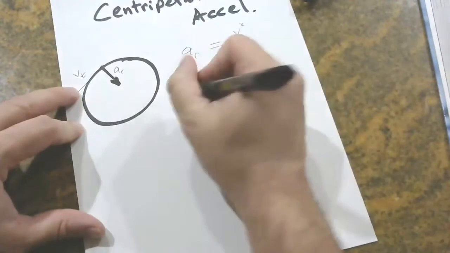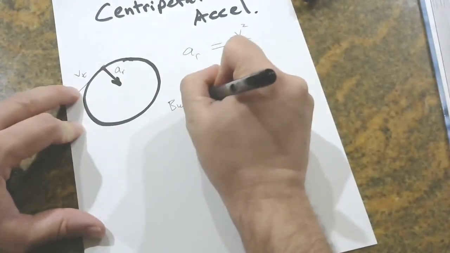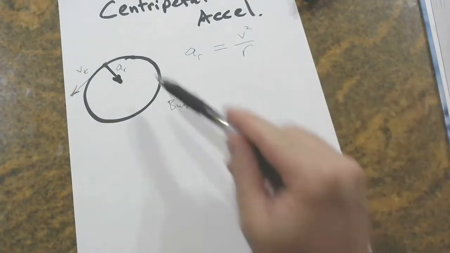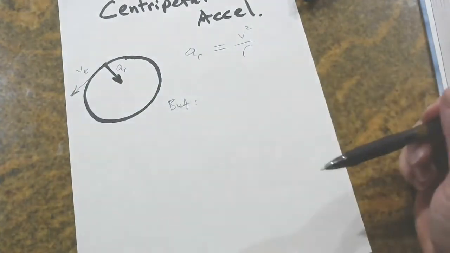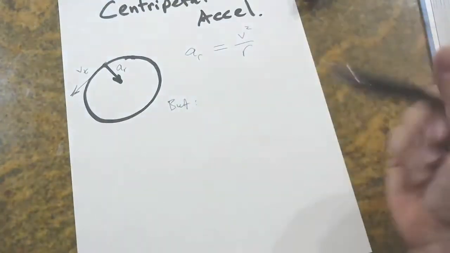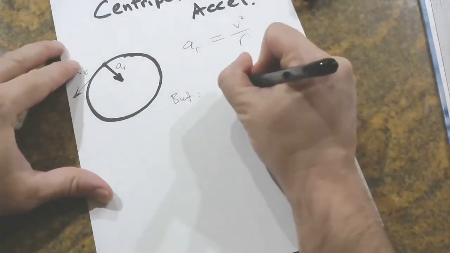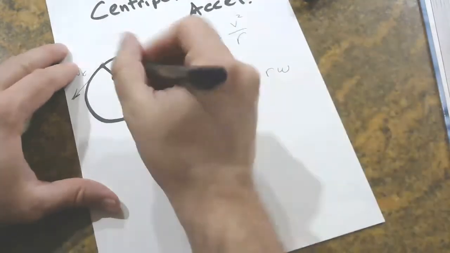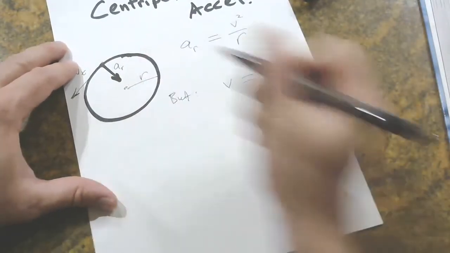Now, you may recall there's a relation between angular quantities and linear quantities, like there's an angular velocity, omega. We can relate that to the tangential velocity with this formula. Tangential velocity, which I'll just call v, is r omega. R is the radius of the circle, of course.